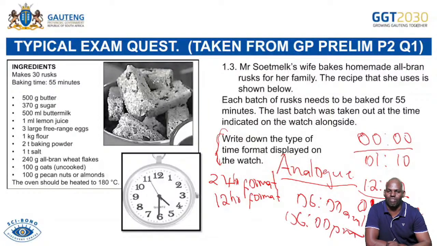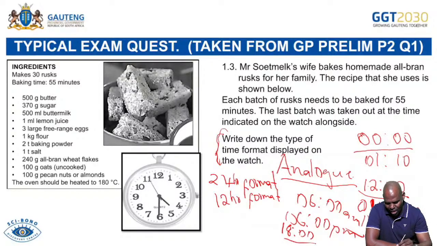So this will be a 12-hour format. But if I have to indicate 24-hour format, this will not be 6 o'clock PM. I'm just going to indicate 1800. Do I have to show whether it's PM or AM? 1800 already tells me that this is 6 o'clock in the evening. So you need to check the difference between the 24-hour format and the 12-hour format also.